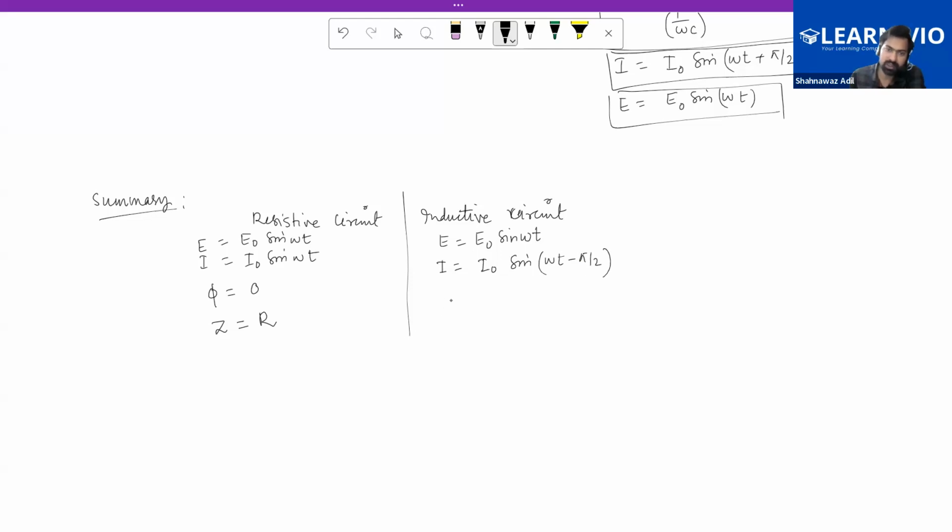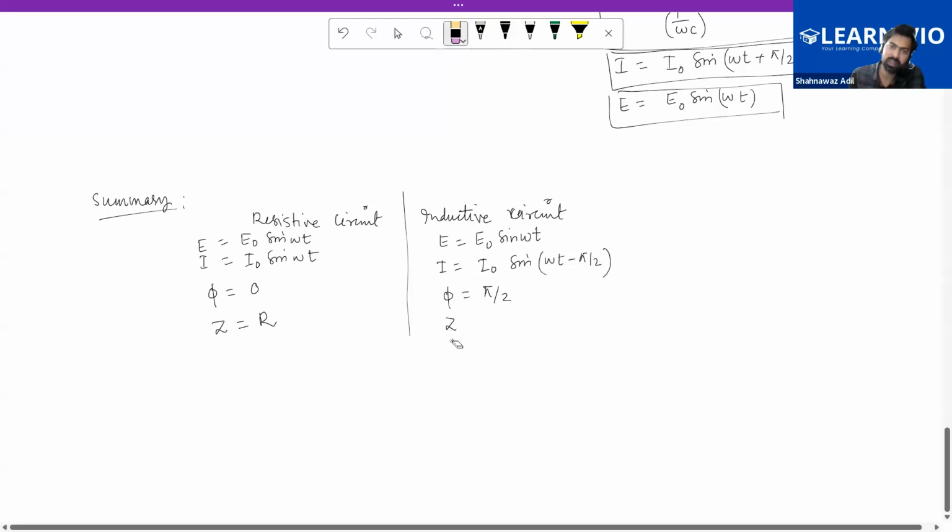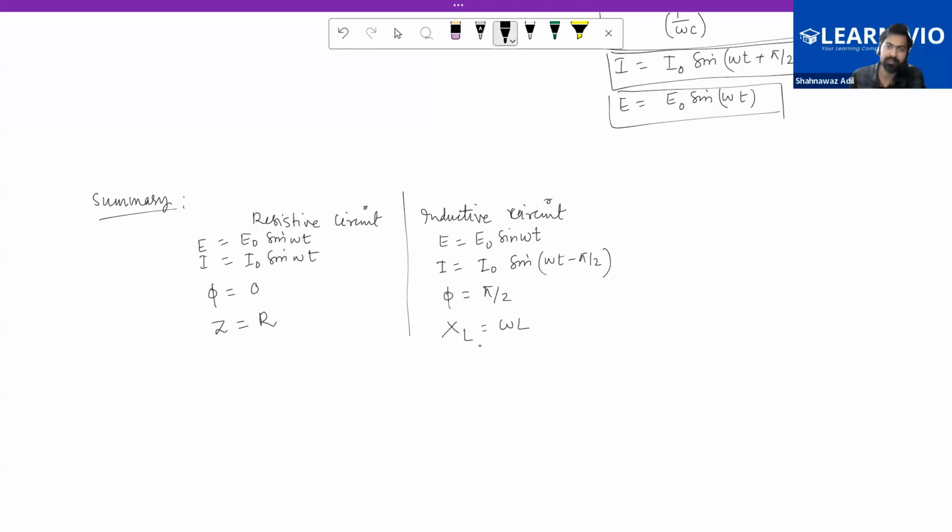So the phase difference is pi by 2. And we have reactance, right? Inductive reactance is represented as XL, and this is omega L.